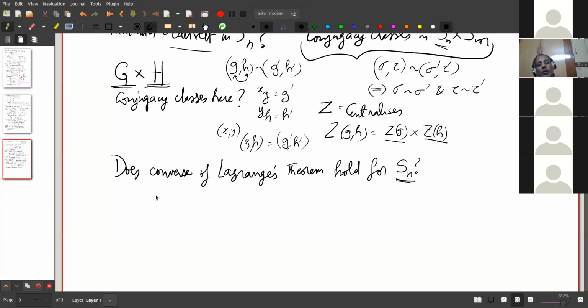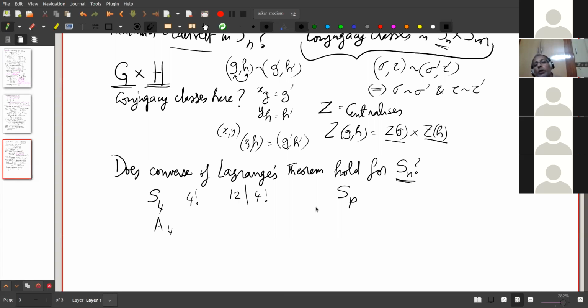Do you have an example, Annamalai? S4. The order is 4 factorial anyway. 12 divides 4 factorial. I think there is no subgroup of order... A4? What is A4? Oh, sorry. But if we take a prime p, and that is Sp, then always.